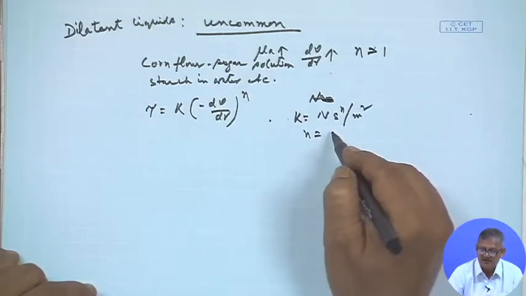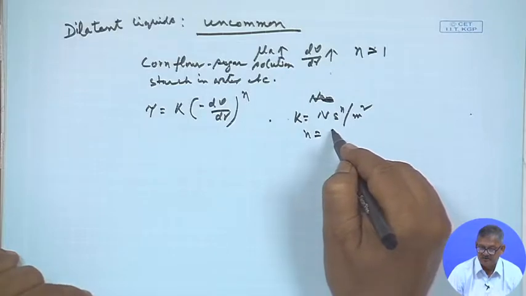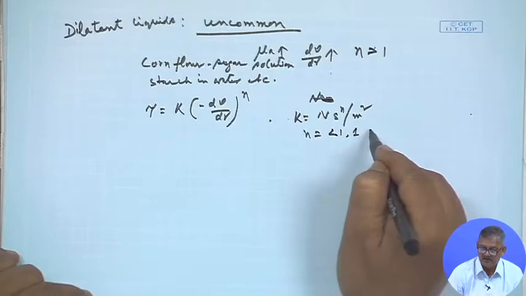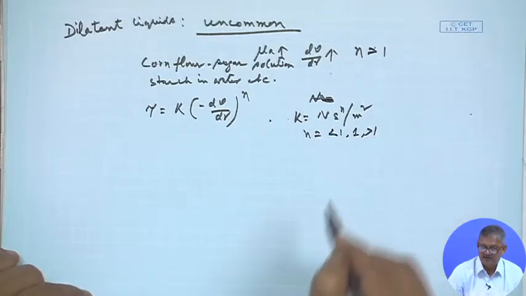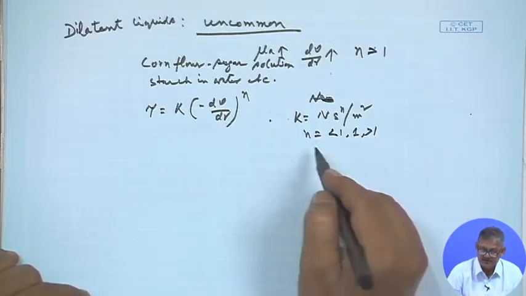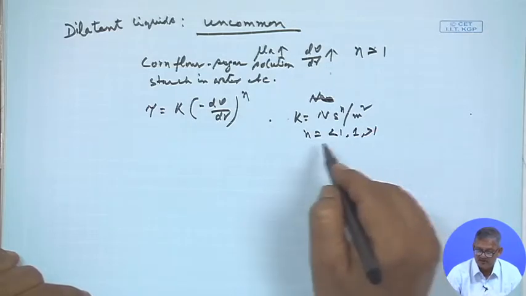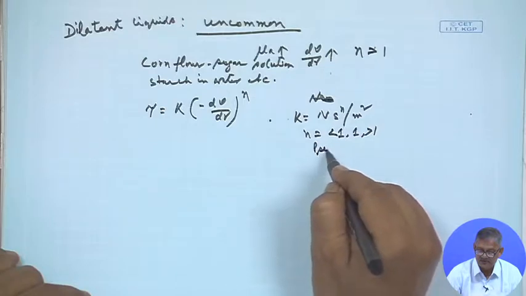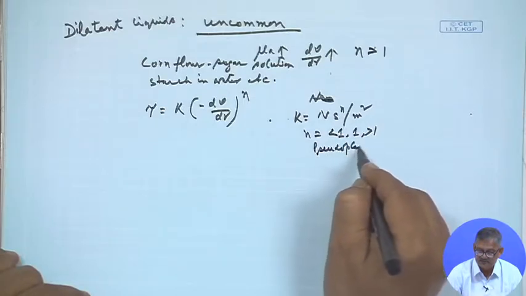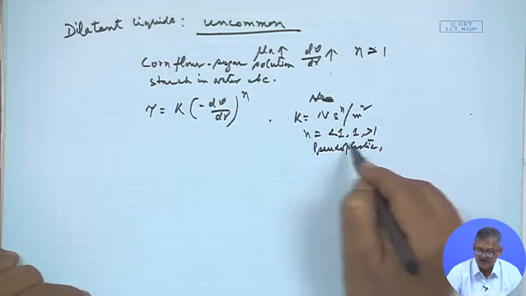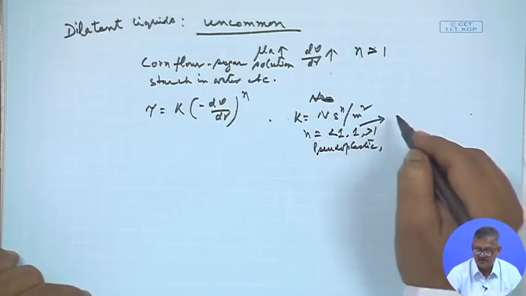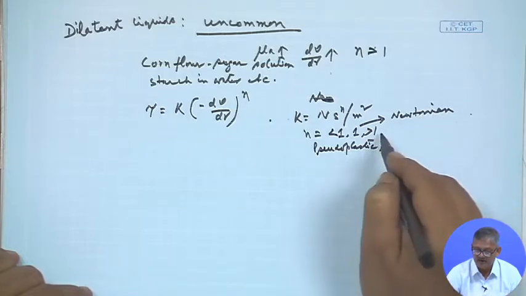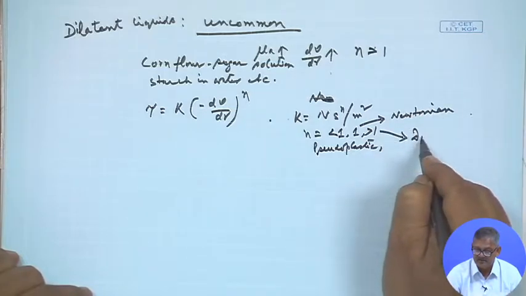It varies between less than 1, 1, and greater than 1, right. So, less than 1 is pseudoplastic, equal to 1 is Newtonian, and greater than 1 is dilatant.